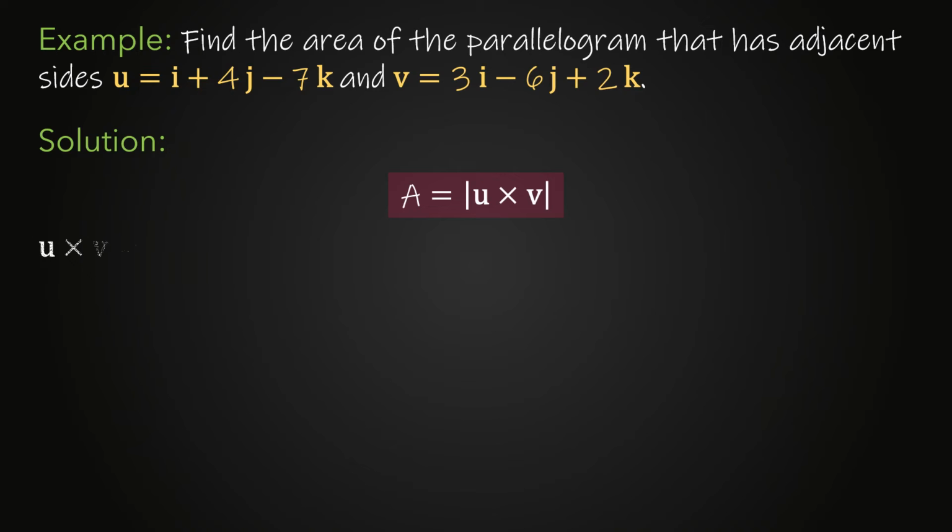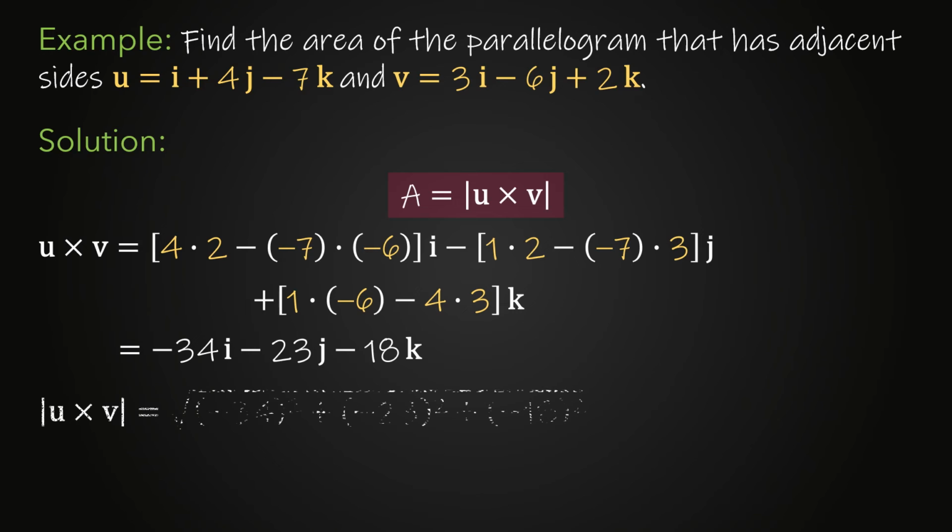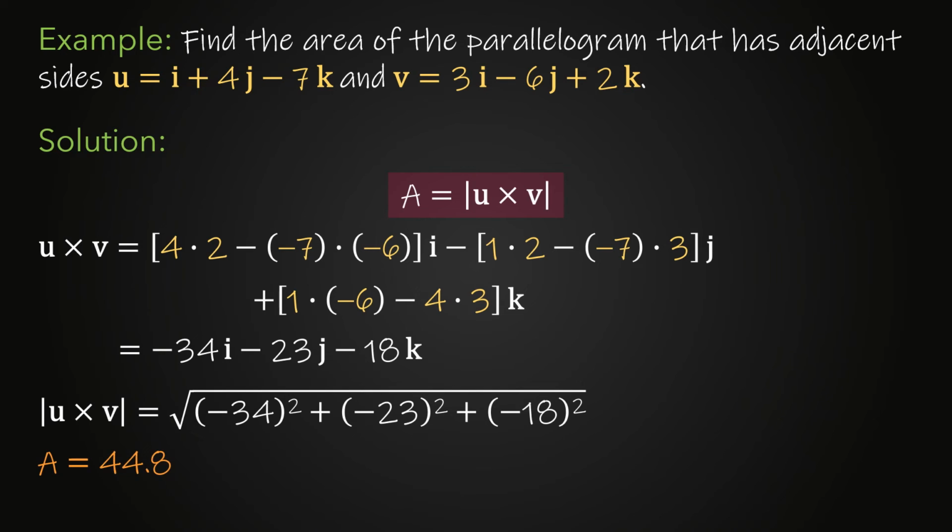First, compute the cross product. Then, calculate the norm of the cross product. Therefore, the area of the parallelogram is equal to 44.8.